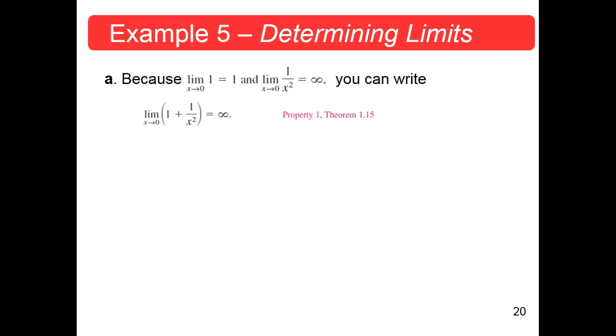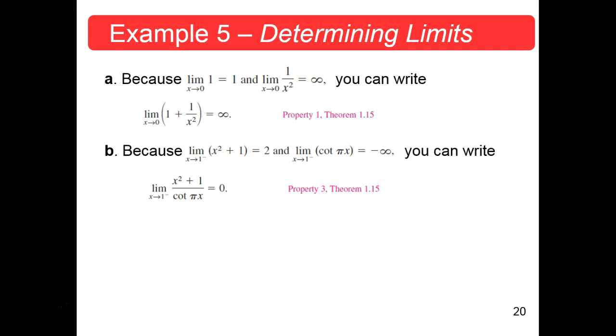The negative side is the same, since these are squared, so they're always positive. So 1 over a number getting closer and closer to 0 is going to be positive infinity. So this limit is 1, that limit is infinity, add 1 to infinity, you're still an incredibly large number. So that's going to be infinity. I would say the limit doesn't exist.